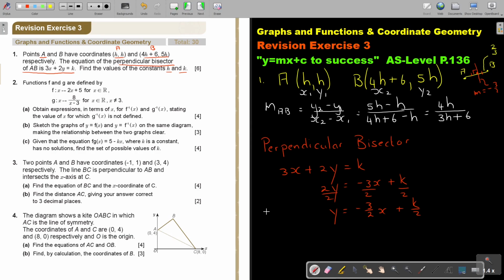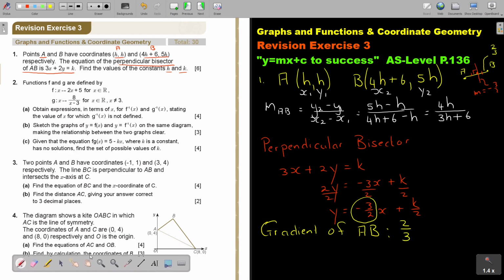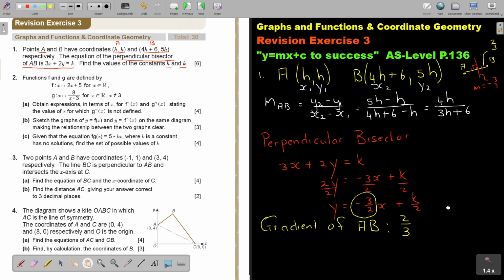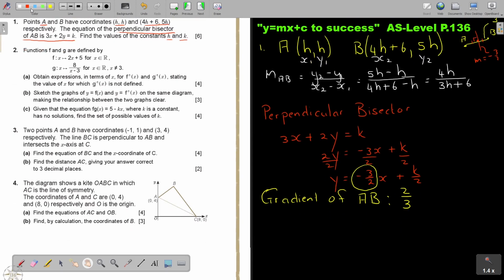So, therefore, the gradient of AB, remember, the reciprocal with the different sign, is 2 over 3. I can now say that this is equal to 2 over 3, because it is also expressed in terms of h.